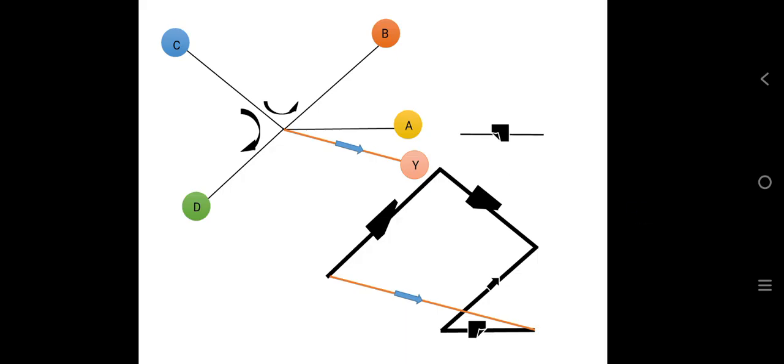And this is the couple diagram. By using this diagram, we identify the unbalanced disturbing masses, measure the lines, and calculate.